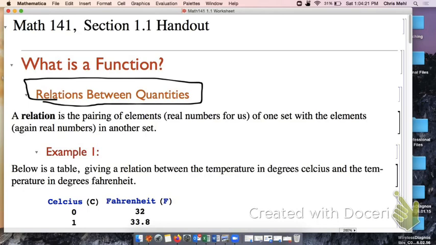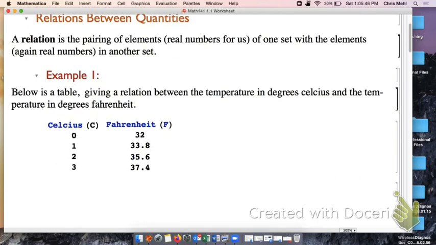Now for an example, a simple relation would be thinking about the conversion between the temperature in Celsius and the temperature in Fahrenheit. So below here I have a table, and it gives you a relation, or you can think relationship, between the temperature in degrees Celsius and the temperature in degrees Fahrenheit. One thing you notice is that, let me switch colors, there's a blue.